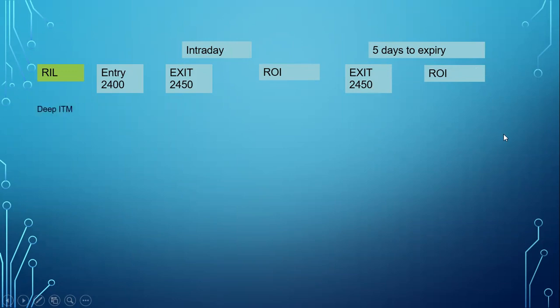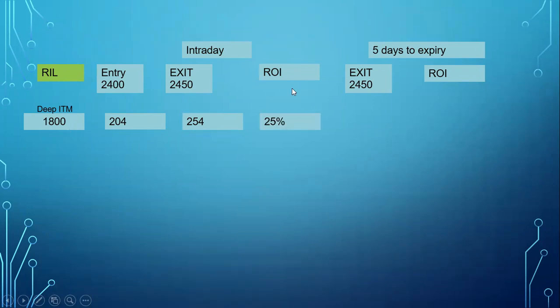So if we consider deep in the money options, like for example, Reliance is presently trading at 2400, we are buying 1800 call. Then what will happen? Suppose we buy it at 204 rupees. Then if Reliance moves from 2400 to 2450, then we get approximately 50 rupees move because we are deep in the money. Approximately 0.95 will be the delta.